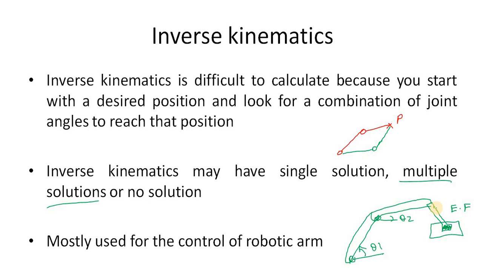During welding or any other operation, during painting, assembling, cutting, it is desired that the position of the robot should be where you want it to be. For that you need a specific configuration of your robot, the specific combination of these angles theta 1 and theta 2. Remember that these angles are being controlled by the servo motors or the electric motors in the joints here.